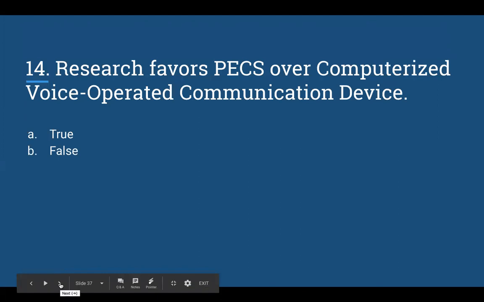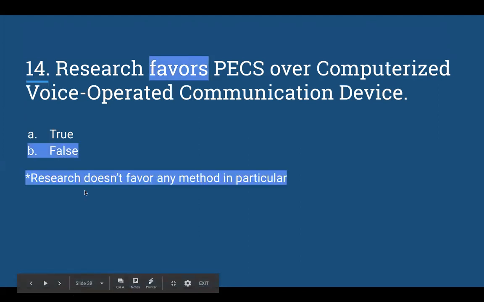I'll say false. I say true. I'm just gonna give it to true. Yeah. It's false. What I meant to say is not that research favors it, but it's easier to understand a picture exchange rather than sign language, because most people do not know sign language, but you can read a picture.